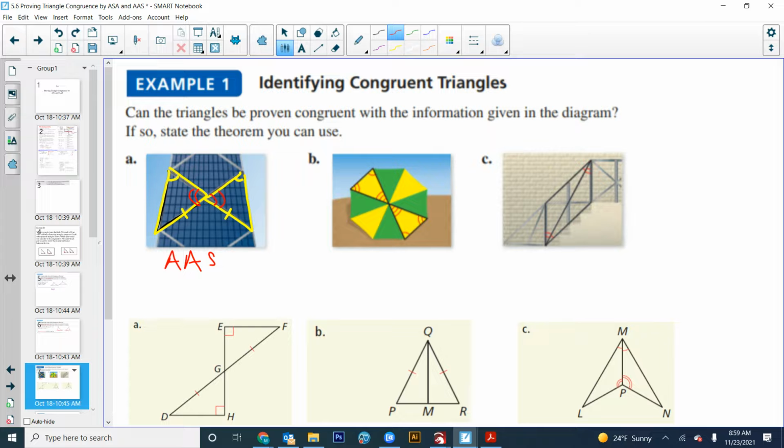How is CPCTC being confused a bit? What does CPCTC stand for?